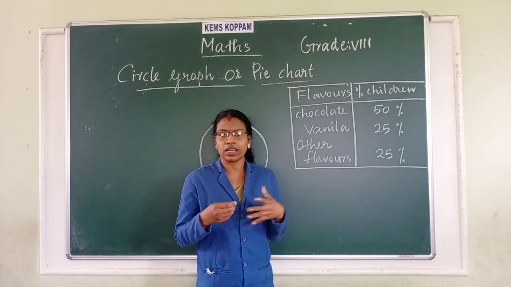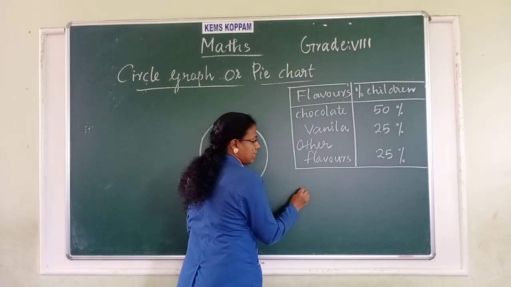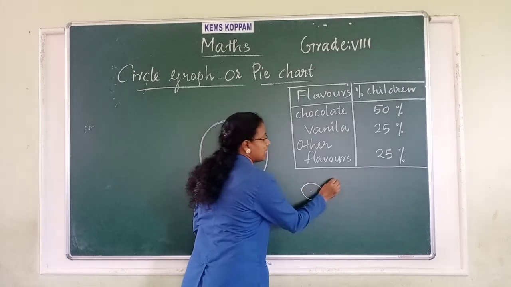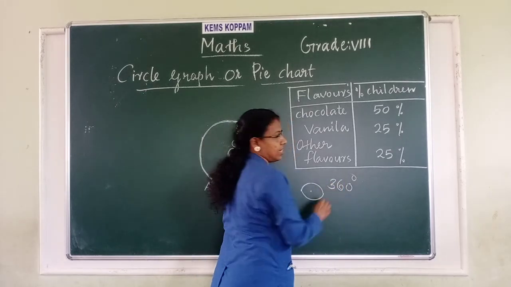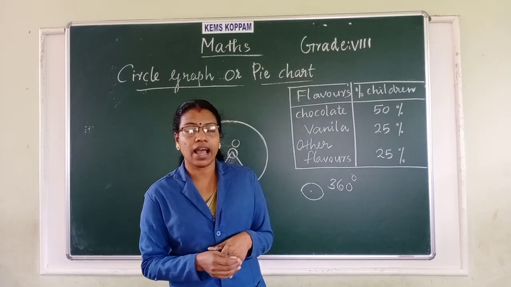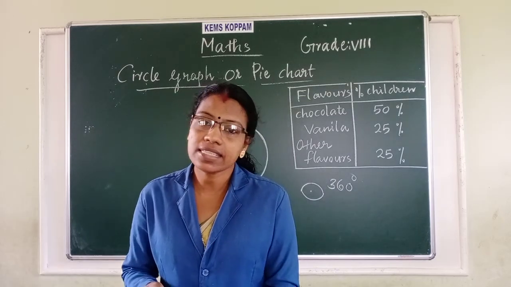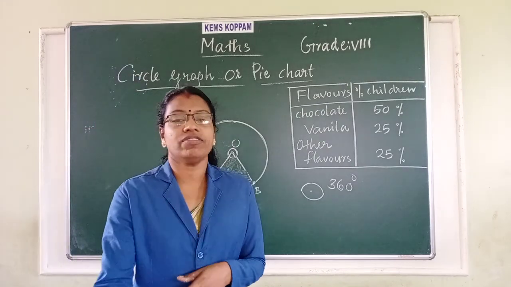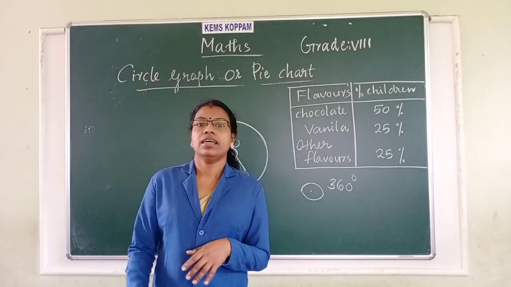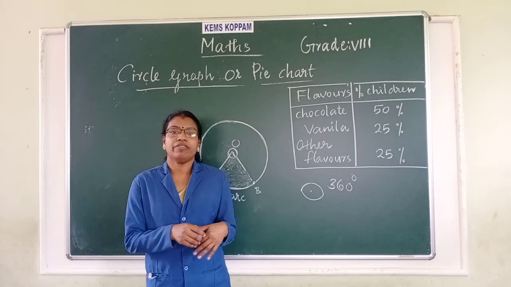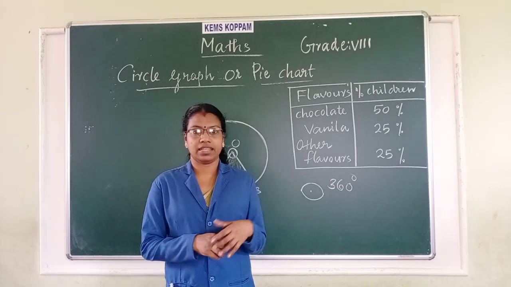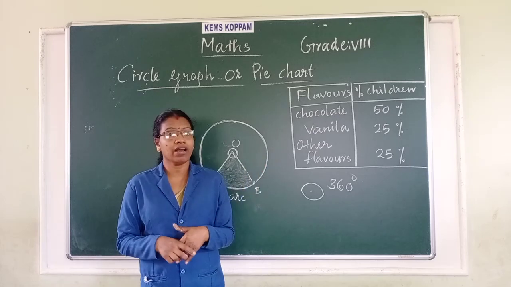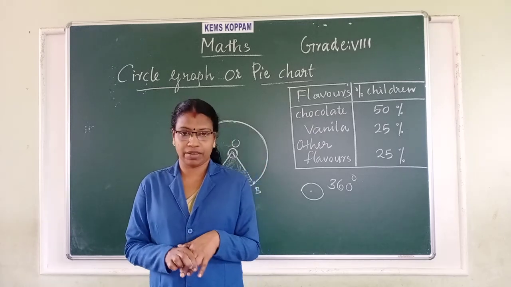Isn't it? 180 plus 180, so the total angle is 360 degrees. The central angle of each sector will be a fraction of 360.